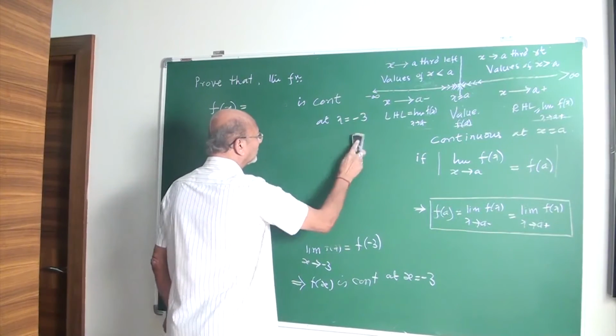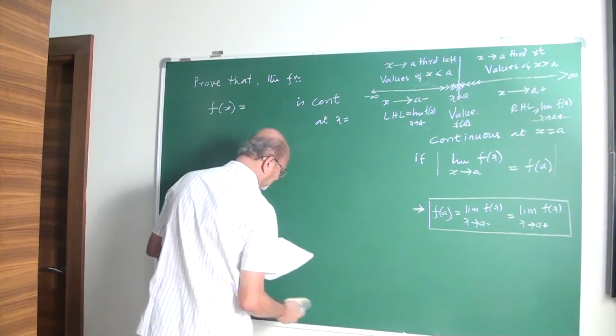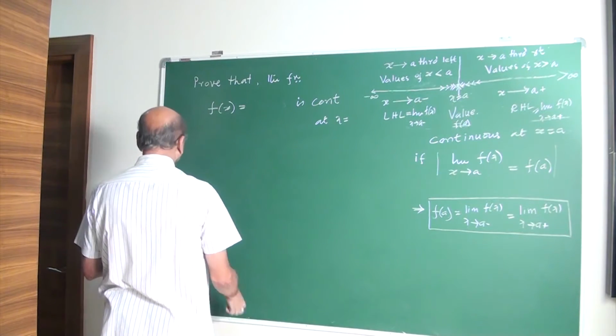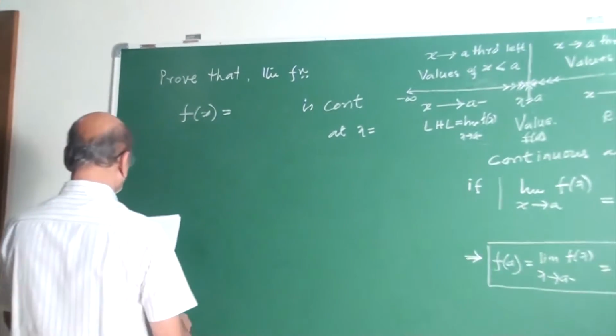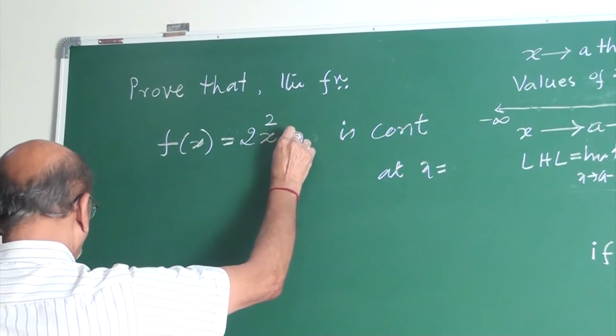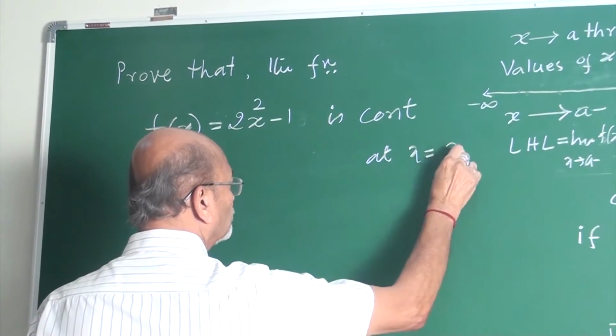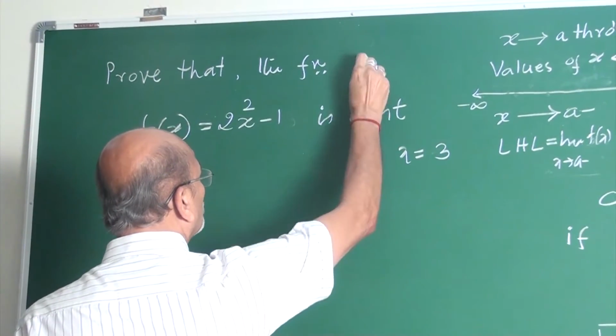You may try this at home: show that the function f(x) equal to 2x square minus 1 is continuous at x equal to 3.